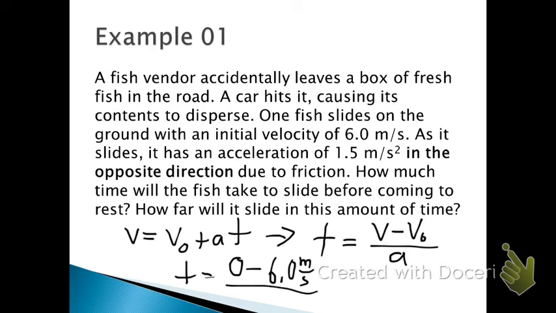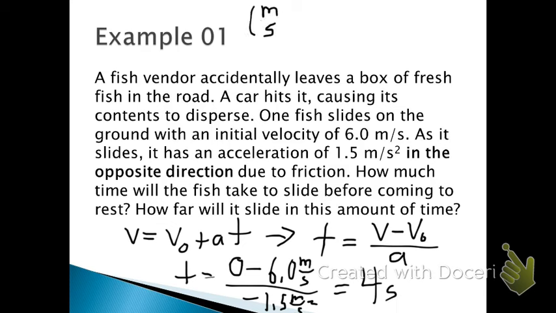And my acceleration is negative 1.5 meters per second squared, because it's in the leftward direction, according to how I set the problem up. So I end up with negative 6 over negative 1.5. The negatives cancel out, and I end up with just 4 seconds. And I can double check my units as well.